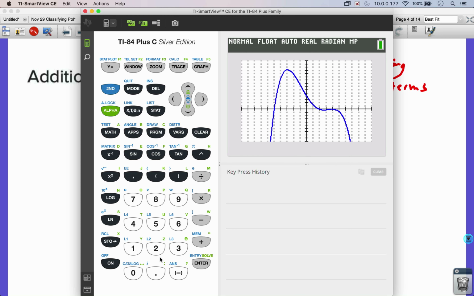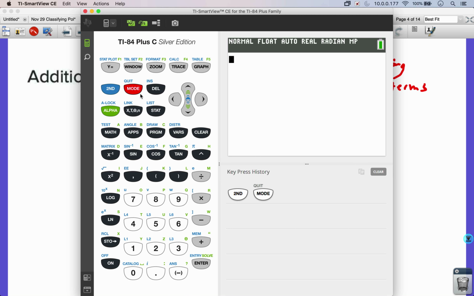There is an imaginary number on your calculator, and it's actually been on the front of your calculator all along. It's that little i right down there by your decimal point. You can reach it by doing second decimal point. If you try that right now, it might not work though, because you need to make sure you're on a specific mode.